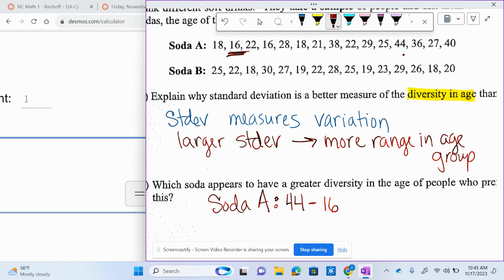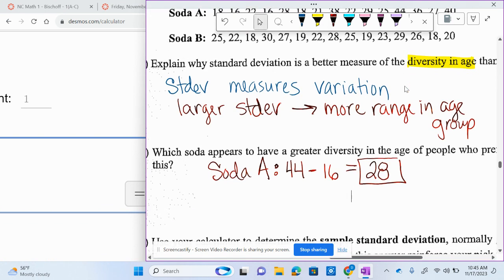44. So if I were to find the range, 44 minus 16 is what? 28. So there's an age range of 28. So that means that the diversity has a 28-year age range for that soda A, the people that like it. What about soda B?